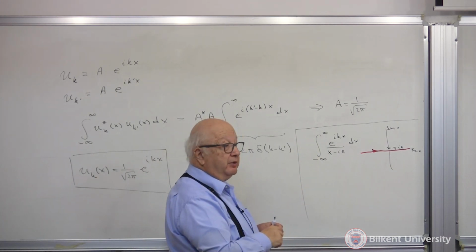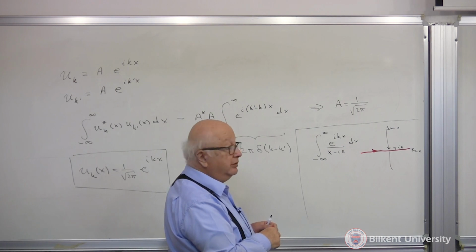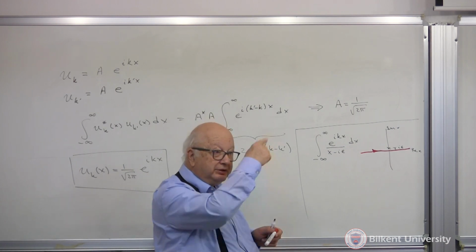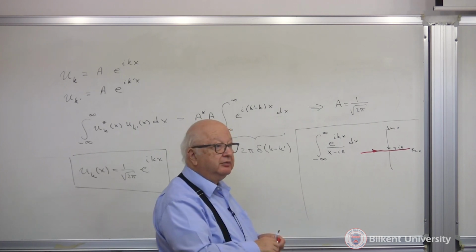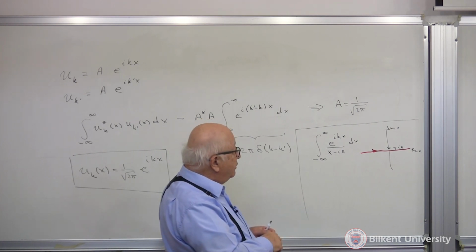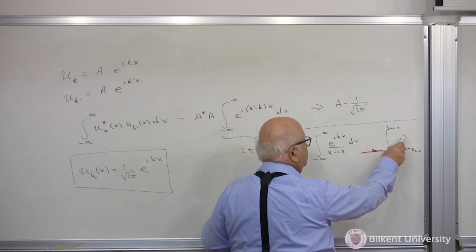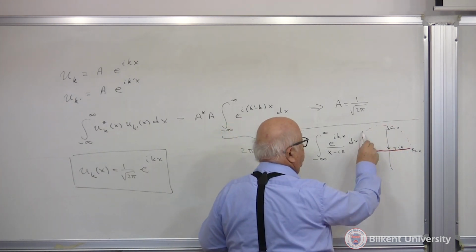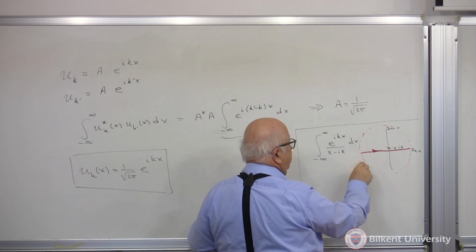Now, the nice thing about these complex integrations is that if we can form this into a contour, into a closed loop, then you have the result. But you have to do it carefully, because there are two ways you can close it, either like this or like that.